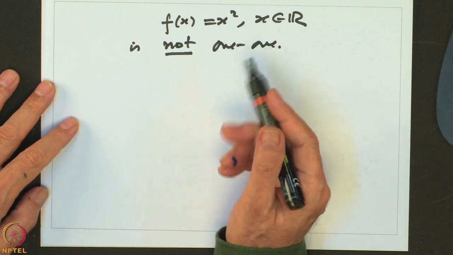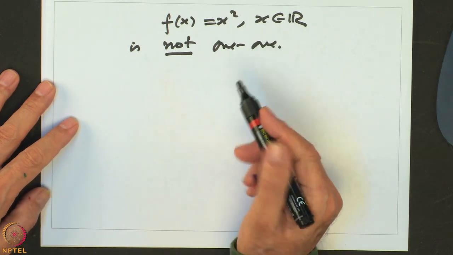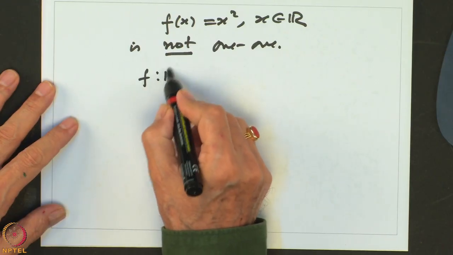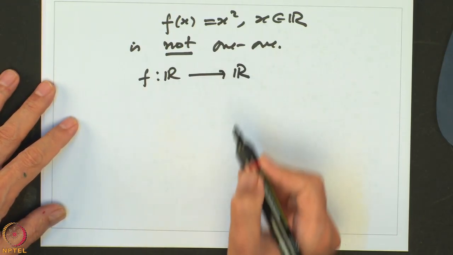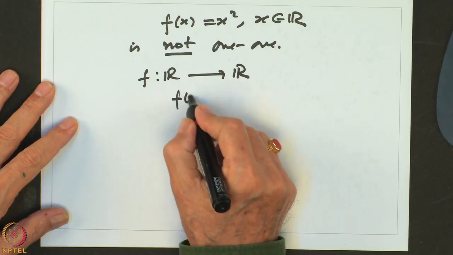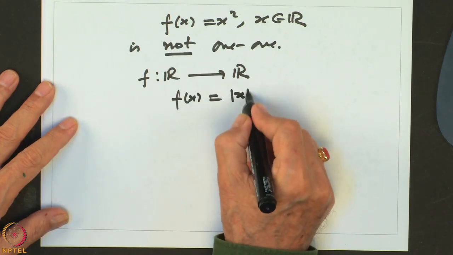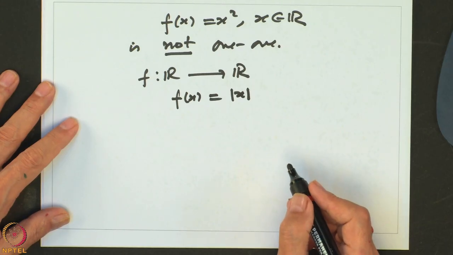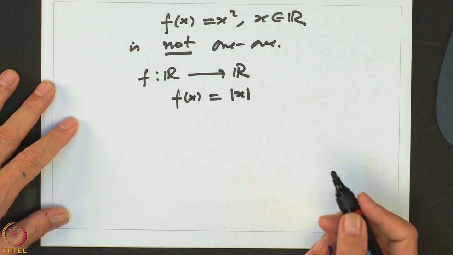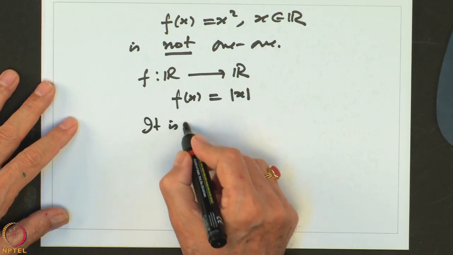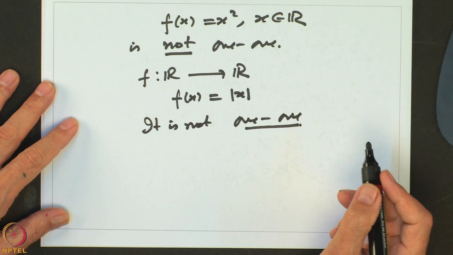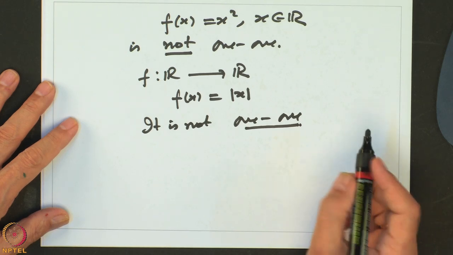Okay, let us look at geometrically what it means. Let us look at a function f from R to R, which you have already come across: f of x is equal to mod x. Once again, it is not one-one. Why is it not one-one?